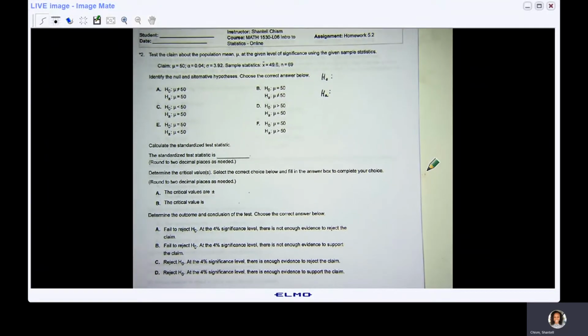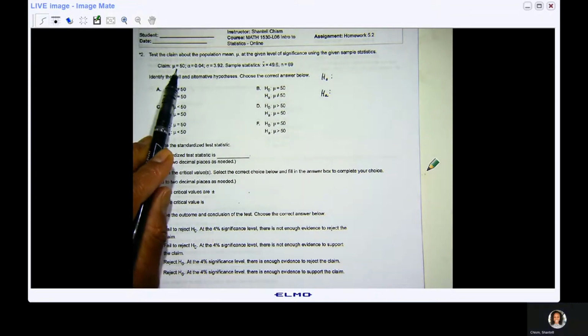Your claim will either be the null hypothesis or the alternative, and you denote which one by looking at the mathematical symbol used in the claim. If it contains equality, whether it be equal to, less than or equal to, or greater than or equal to, all three of those contain equality.